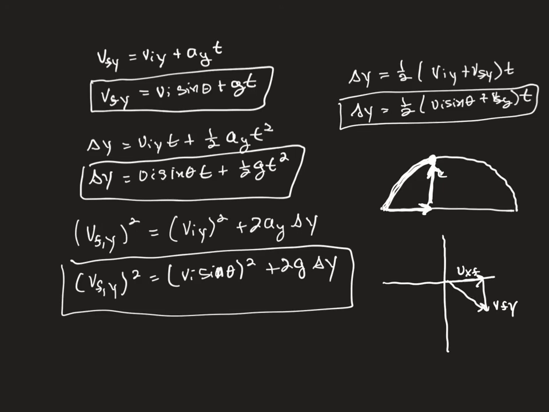And so you would have to use Pythagorean's theorem in order to find the final velocity. And you would have to use inverse tangent to find the direction of that final velocity. So keep in mind, the components are not the actual final velocity. You need the magnitude and direction using that tail end of the component method, or the analytical method, where you're using Pythagorean's theorem and inverse tangent to find magnitude and direction.